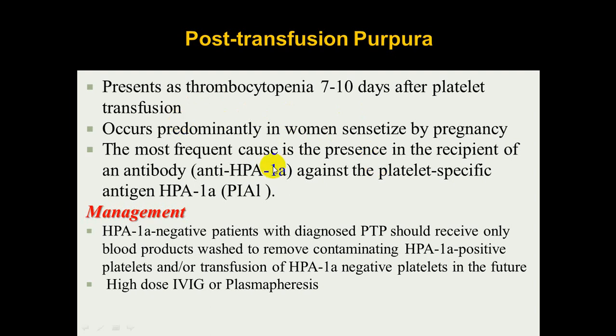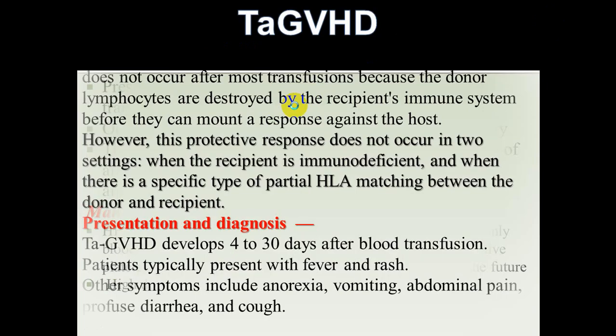The most frequent cause is the presence of recipient antibody against the HPA-1a antigen present on platelets, a platelet-specific antigen, and the antigen comes from the donor. The management is HPA-1a negative blood. A patient diagnosed with post-transfusion purpura should receive only washed blood product to remove contaminating HPA-1a positive material, the same as for an IgA deficient donor. Treatment might need high-dose IVIG and even plasmapheresis.